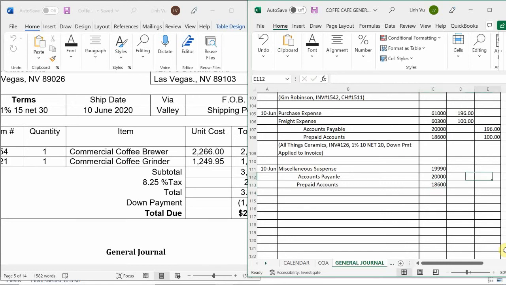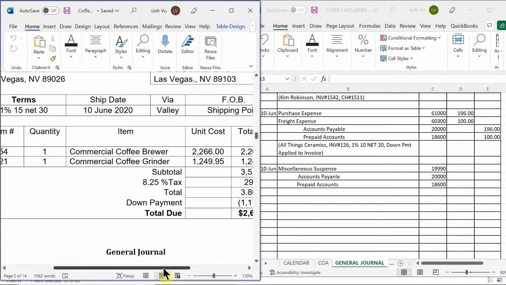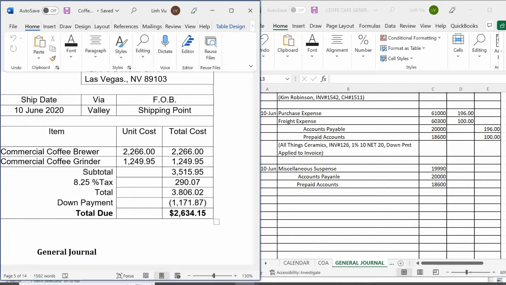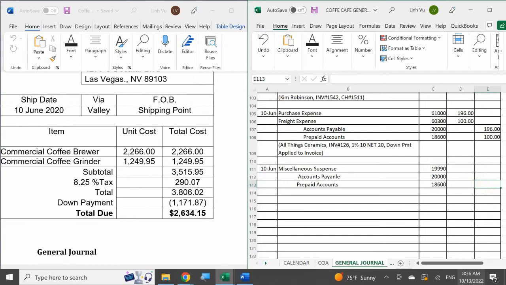Okay. So how much was the down payment? $1,000. $171.87. Okay.